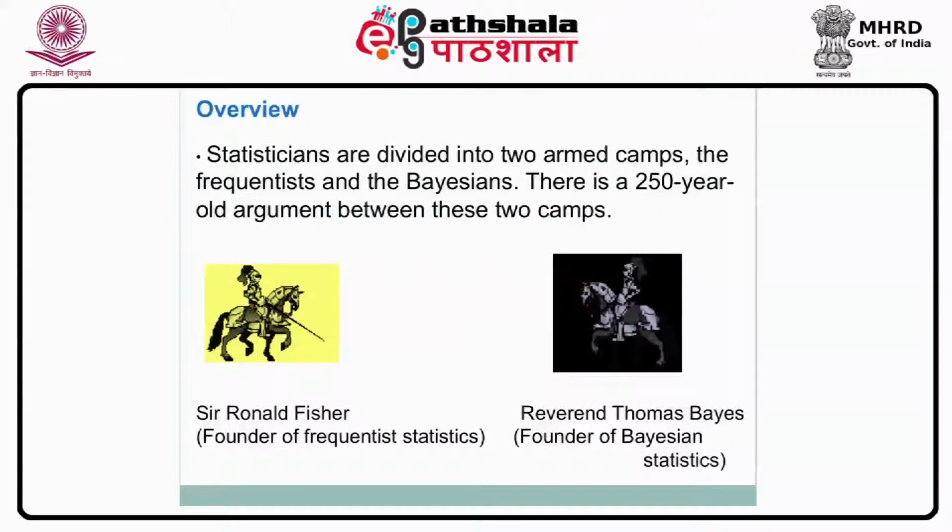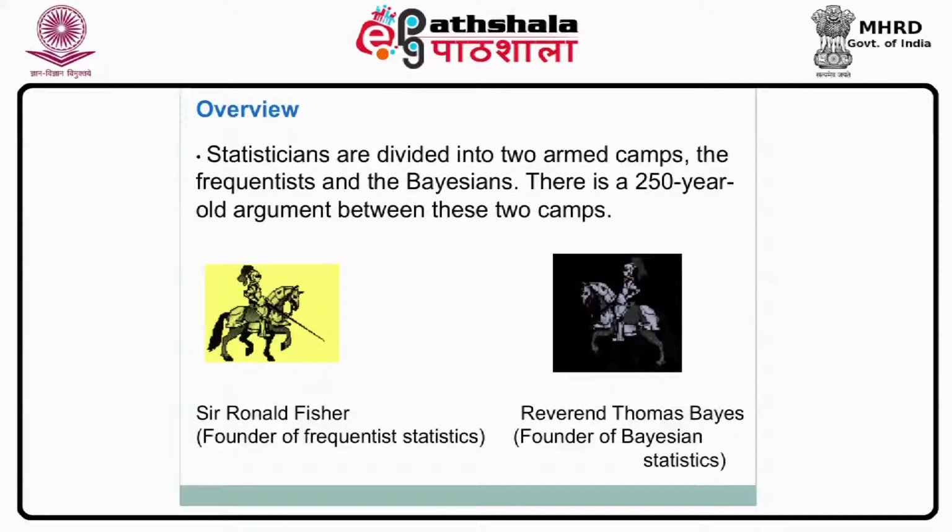Let's give just an overview of that. The statisticians are divided into two armed camps, the frequentist and the Bayesian, and there is a 250-year-old argument between these two camps. Sir Ronald Fisher was the founder of frequentist statistics, or what you call classical statistics, and Reverend Thomas Bayes was the founder of Bayesian statistics long back in 1760, whereas Sir Ronald Fisher's ideas came up sometime in 1870 or something like that.